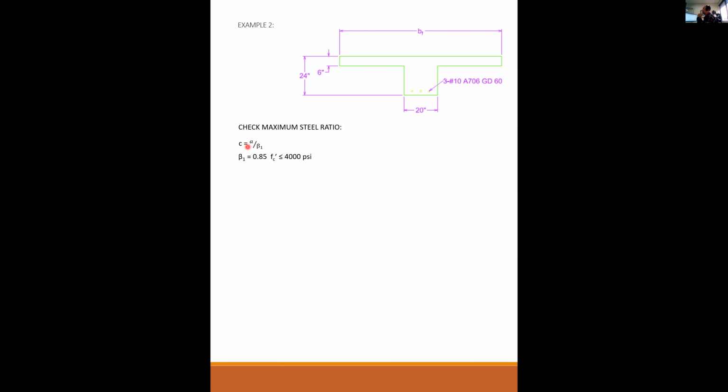So first I find c is a over beta 1. Beta 1 is 0.85, so c is 0.91 inches. Epsilon sub t is 0.003 times (d minus c) over c, which is 0.0679, much greater than 0.005, so no problem. Phi is equal to 0.9.